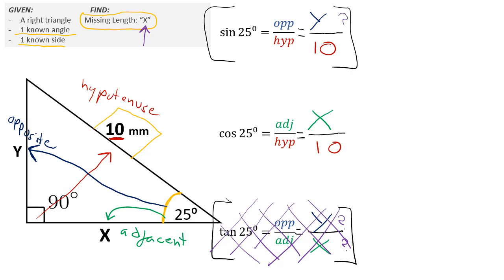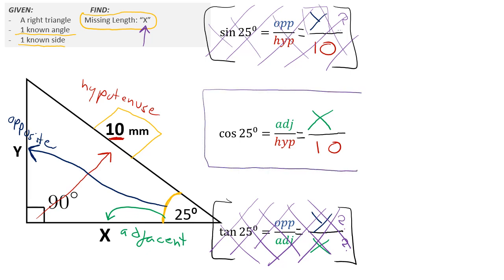Same thing here. Well, this would be helpful. We could use this ratio if we were being asked to find y, but we're not. We're being asked to find x. So indeed, the cosine of 25, which equals x over 10, is our winner to find what this missing length of x is. So let's check that out on the next page.